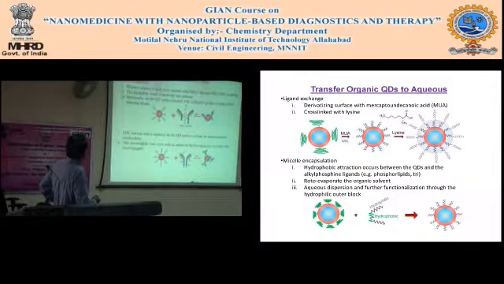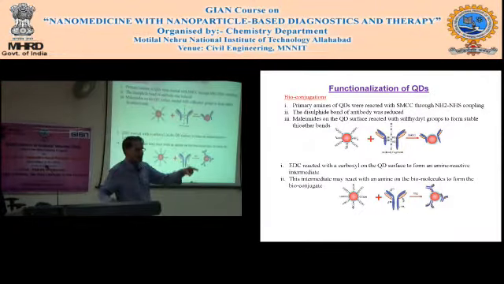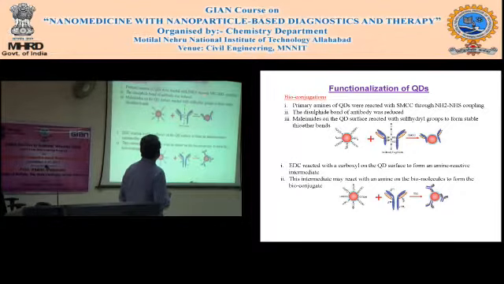So another part you want to do is that you need to couple it to antibodies, remember? To target certain antigens. So how do you use antibody on the surface?